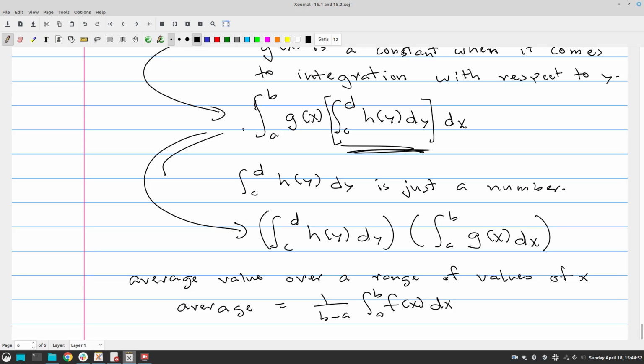So when you talk about functions of two variables, the domain is of course an area.